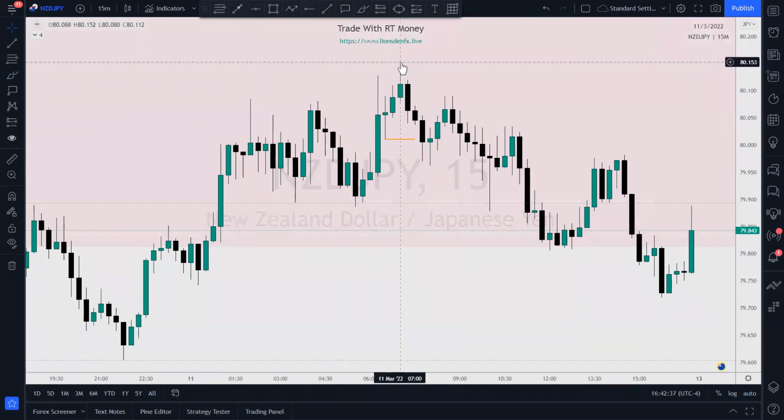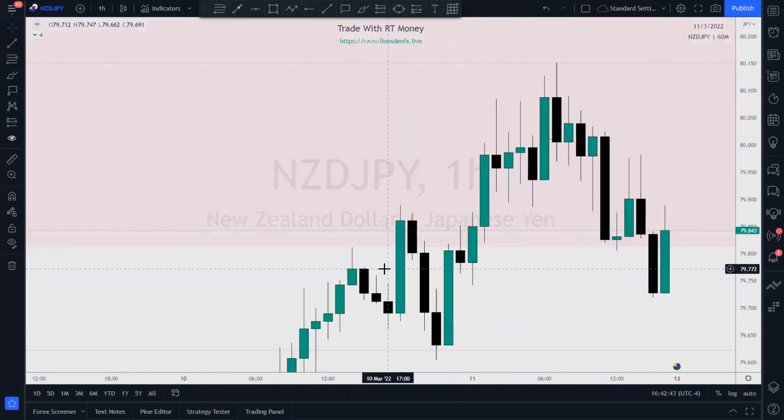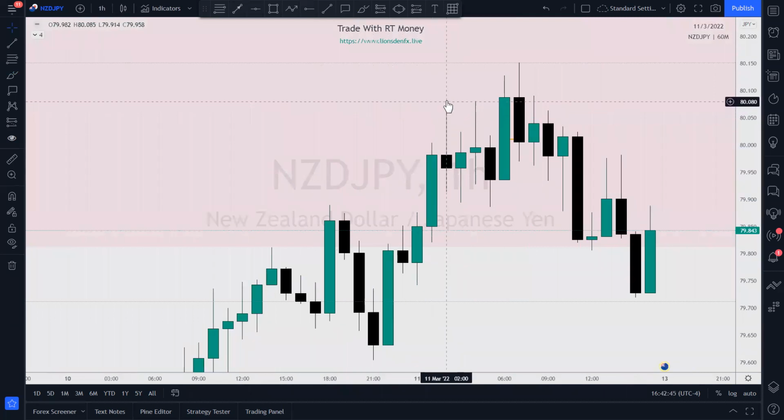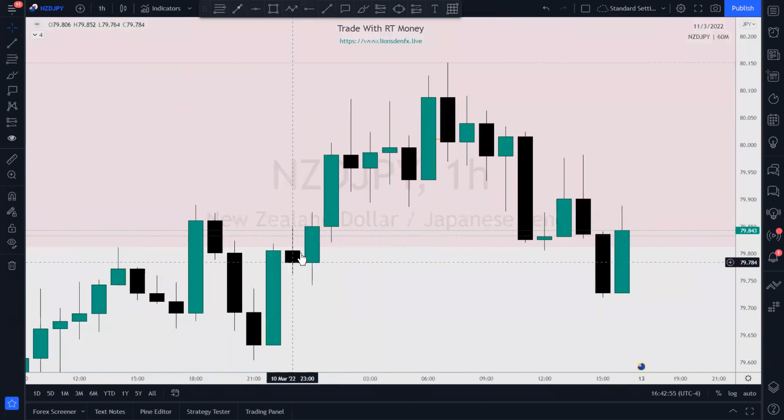It's clearer on the 1 minute, the 1 hour. You're looking to see the highs being beaten, right? You want to see higher highs until you see this one.